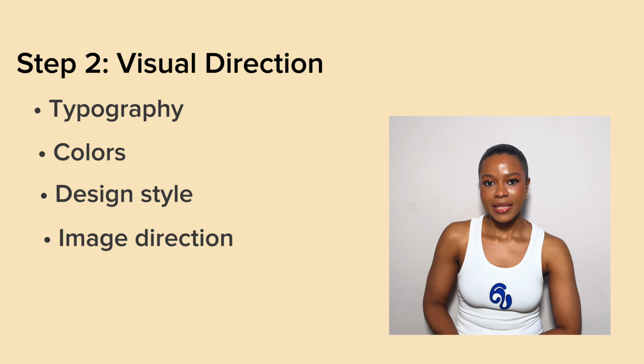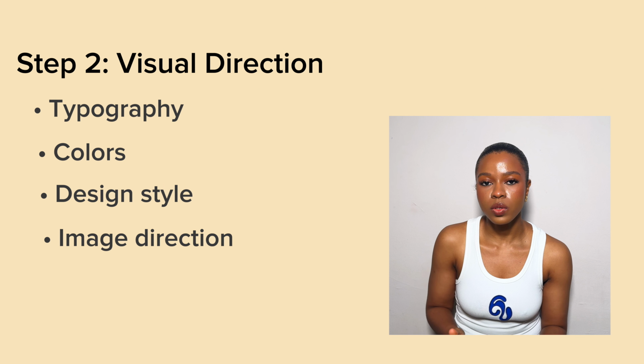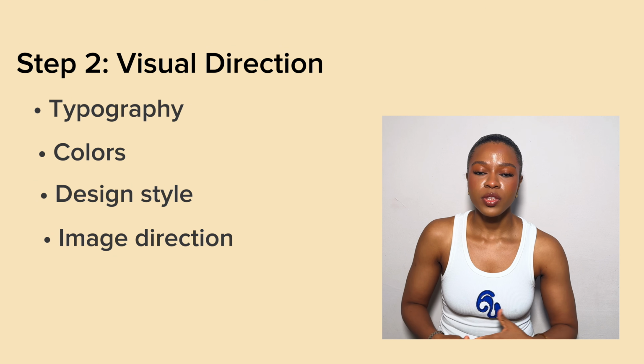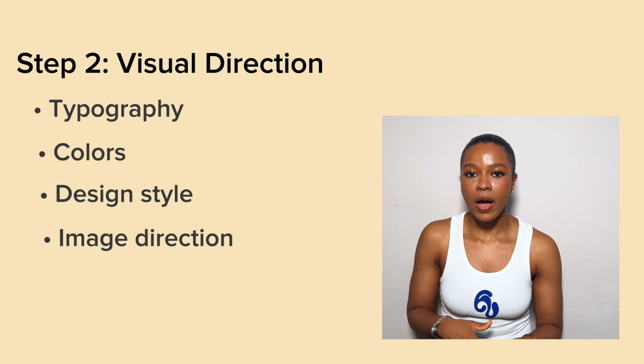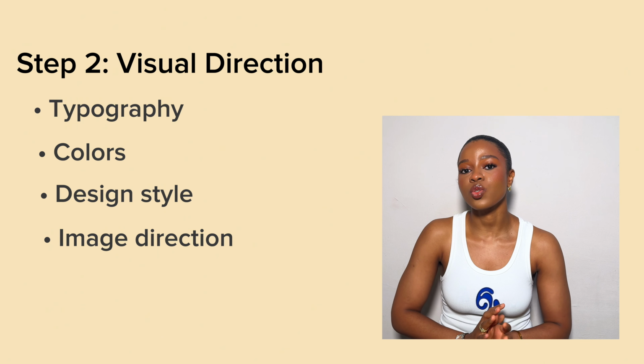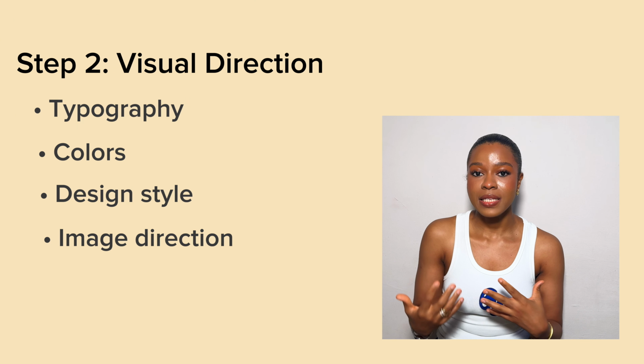So now that Claude understands what we're building, the next step is to give Claude a visual direction of what we want. This is where you define your typography, your color, and your design style. And because Claude is going to help us generate our design system, you just need to give it your basic brand requirements, the typography, the colors.